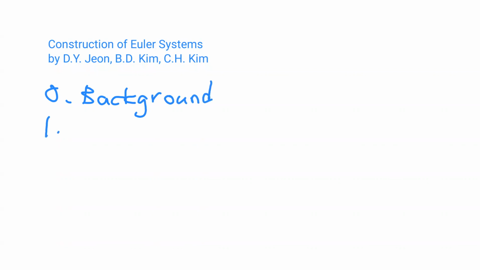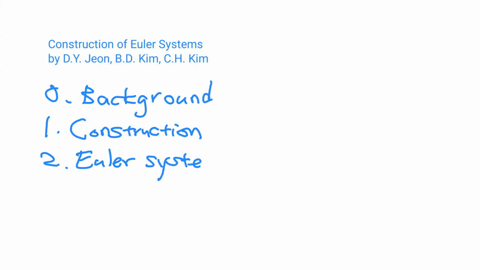Then part one, construction of our Euler systems, or rather, construction of the points that will become Euler systems. And part two will show these points are indeed Euler systems.